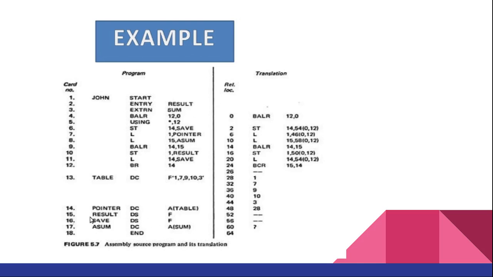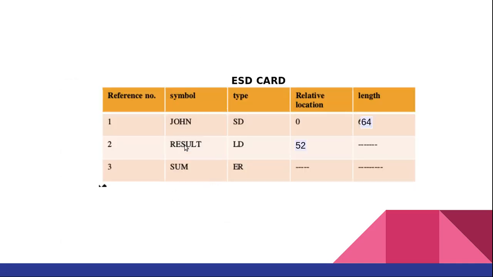The length is not mentioned in the program. So the name is result, the type is LD, local definition, the relative location is 52, and the length is not mentioned.